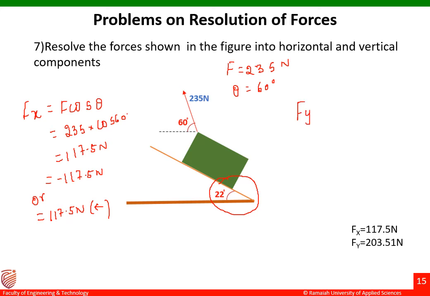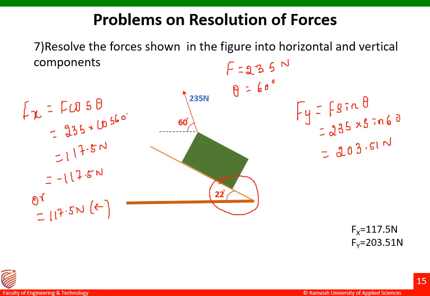Okay, so let me go for y component here. Fy is equals to F sine theta. So the value of F is 235 and the value of theta is sine 60 degrees. Suppose if you substitute this one, you'll get the answer as 203.51 Newton there.